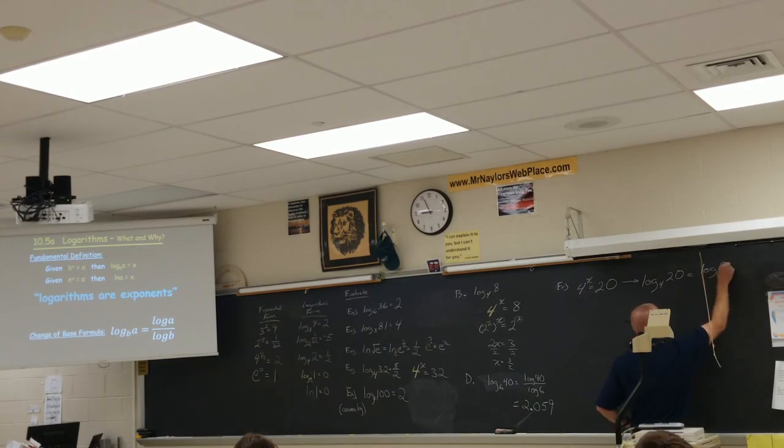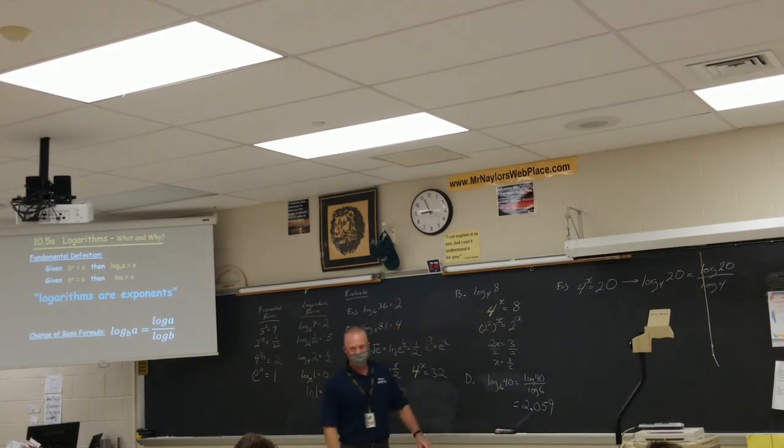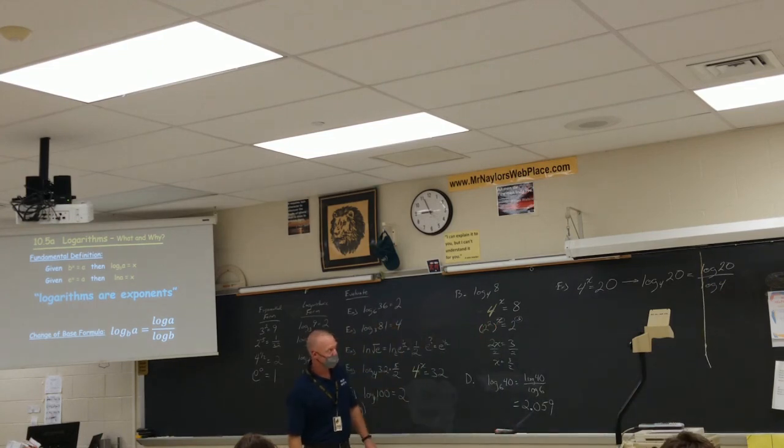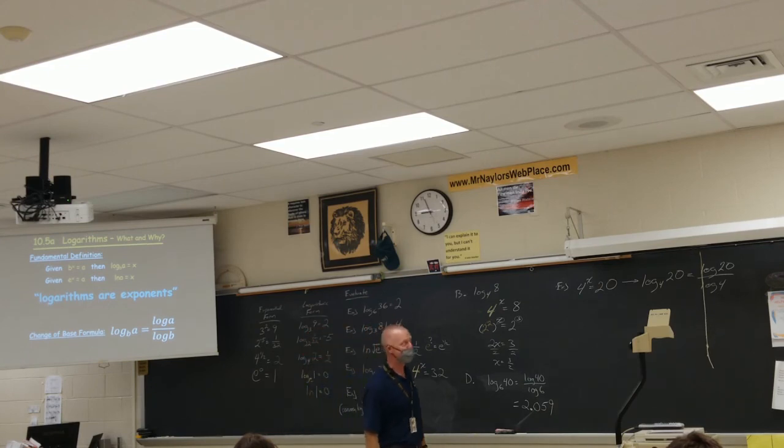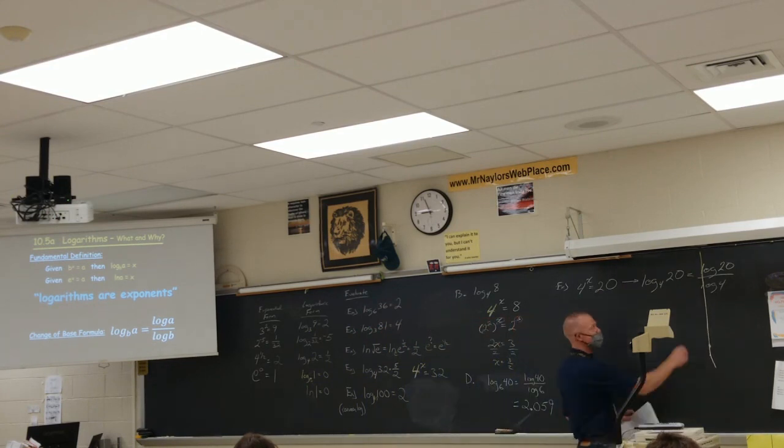On your calculator, the log of 20 divided by the log of 4. I hope you're dividing it because, well, I'm not going to do it on the calculator. I'll have to pull the screen down, but did you divide it? And does the number look familiar? It's the exact same number that we found.